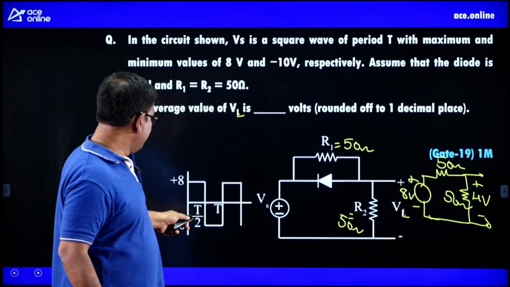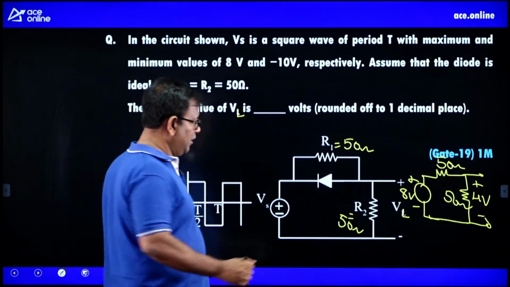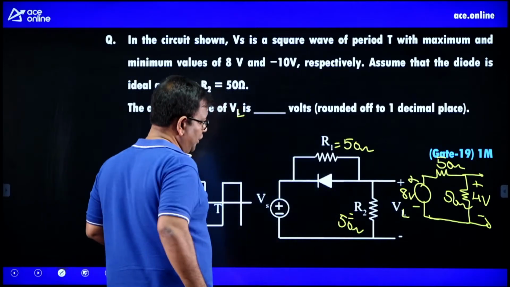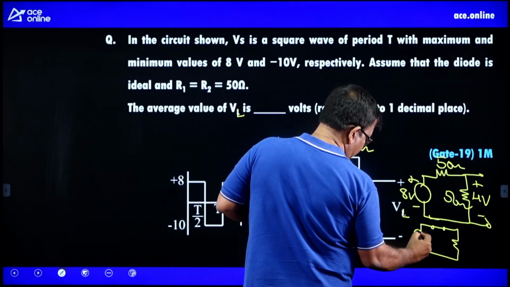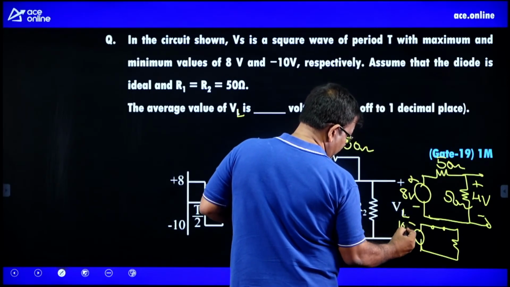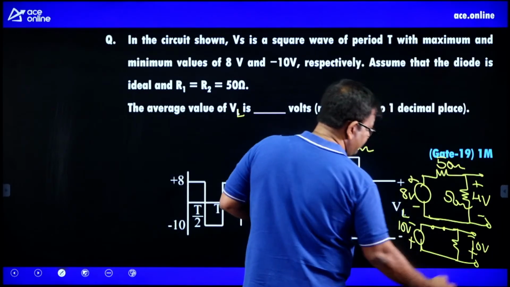Now what if I give a negative voltage of minus 10 here? The diode is going to get on and your output is going to follow the input. So for the negative cycle, the diode is going to get on. So if you give minus 10, your output is also going to be minus 10.